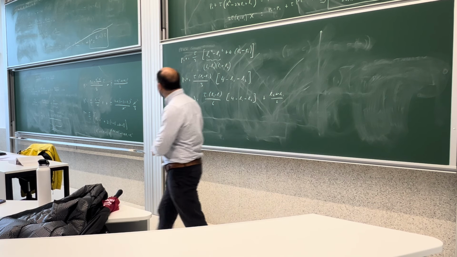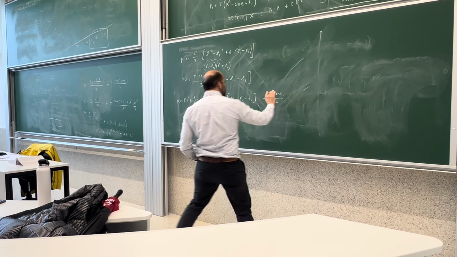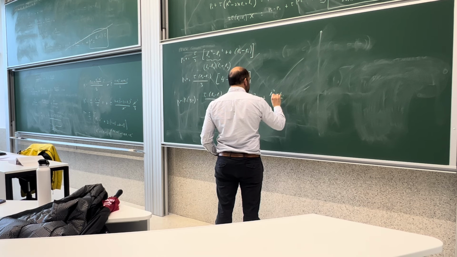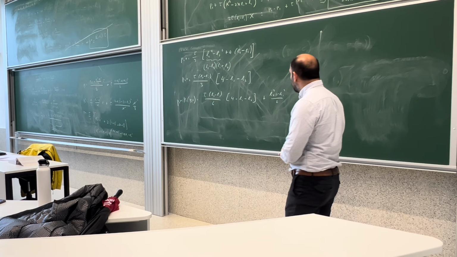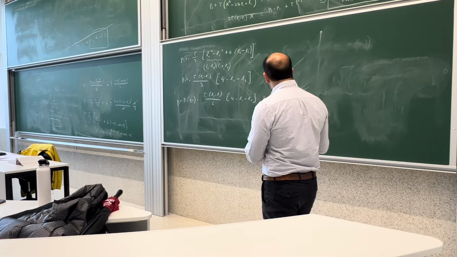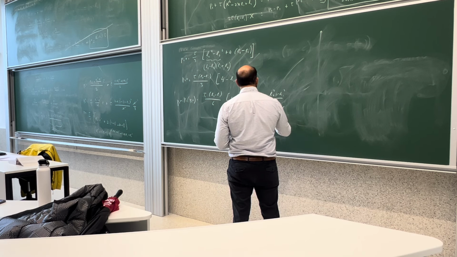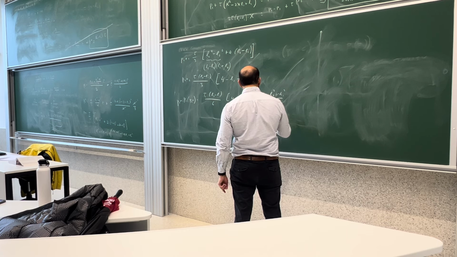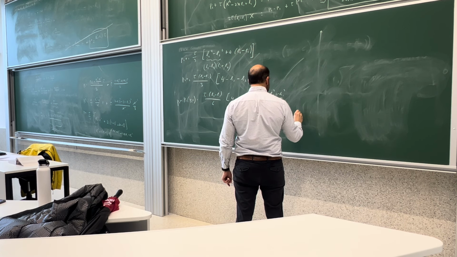Is that it? No. L2 squared minus L1 squared over 2, which is equal to L2 minus L1 times L2 plus L1.